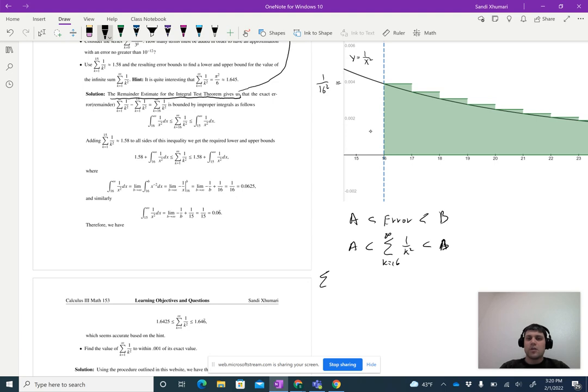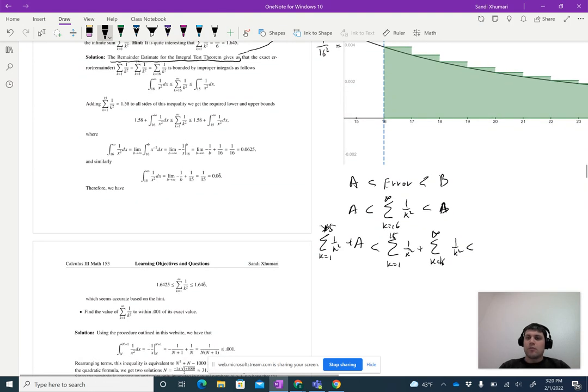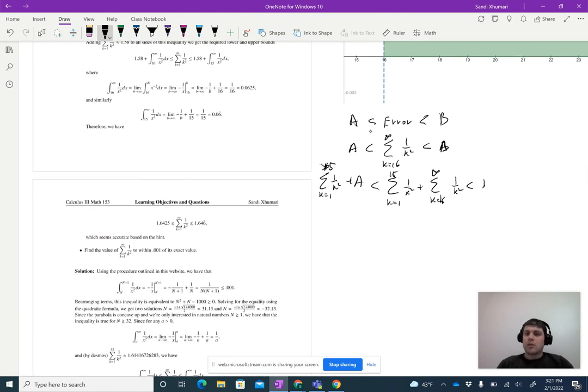So I can add up the sum from 1 to 15 to all sides of this equation, and that would get me to the sum of 1 over k squared plus b.